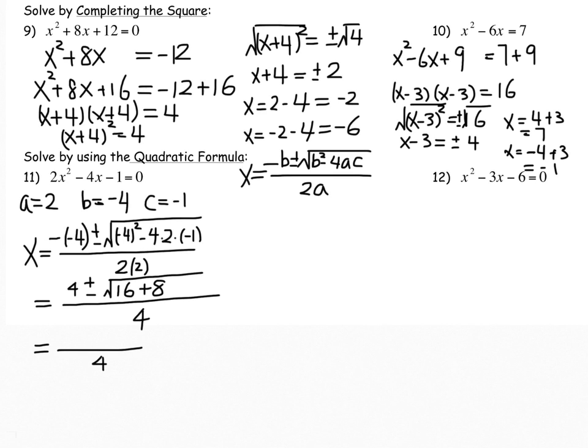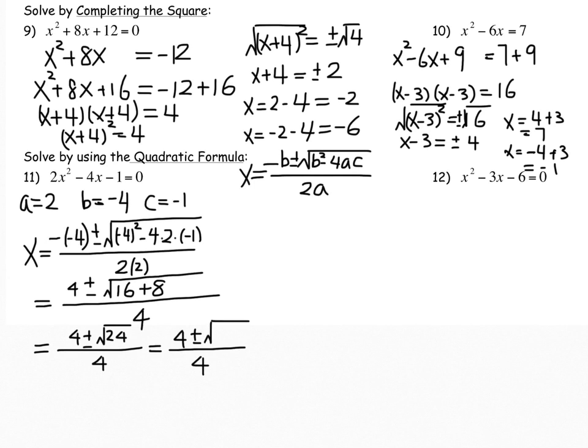So we have 4 plus or minus square root of 16 plus 8. 16 plus 8, we have 24. So is there any perfect square with 24? I know 24 is 4 times 6, and 4 is a perfect square, so I can factor it out. Let me write it out so that I know exactly what I'm doing.